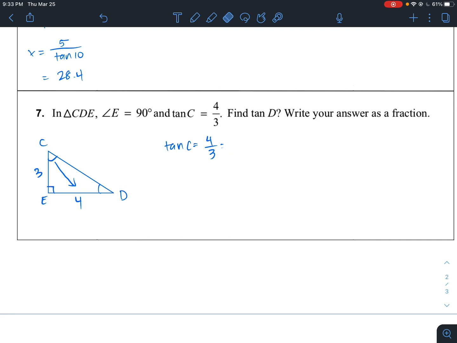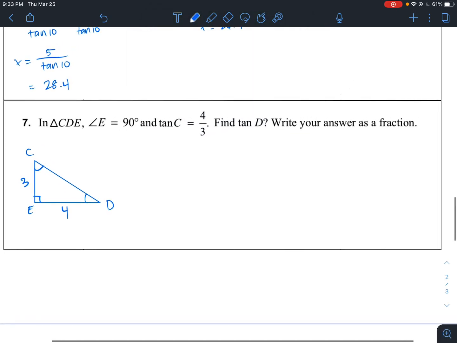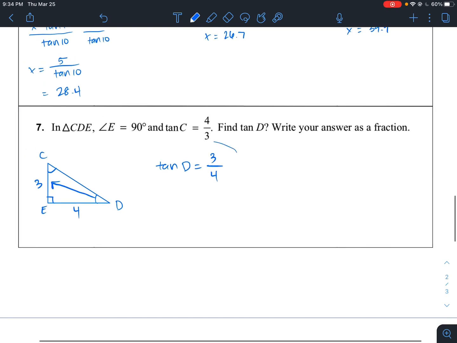Okay, so now that we know these side lengths, we want to find the tangent of D. If you remember, the tangents of both angles are reciprocals of one another. So technically we didn't even need to draw this picture, but if it helps, then it helps. But tangent of D would be equal to the opposite side of D, which would be 3, divided by the adjacent side to angle D, which would be 4. And there you go.